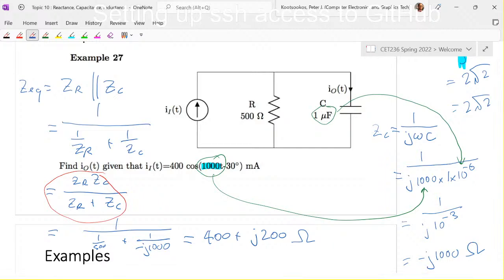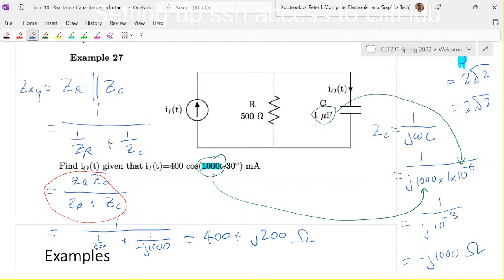Isn't the J negative? So here this follows, and then when I went from here to here, I've got minus J 1000. So I just put minus J 1000 directly in for ZC.